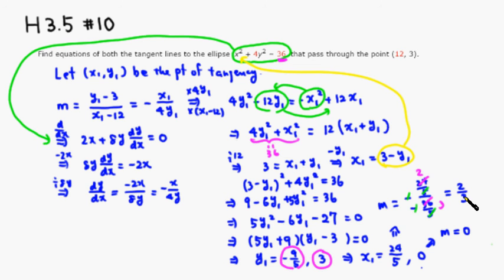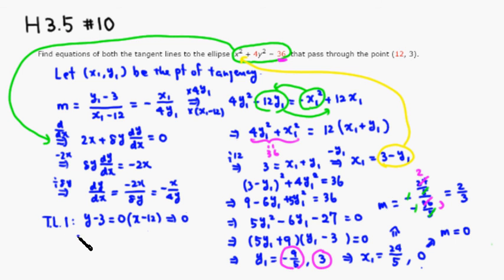So we can find the equations. If the slope is 0, tangent line number 1 would be y minus 3 equals 0 times (x minus 12), which is 0 anyway, so y equals 3.